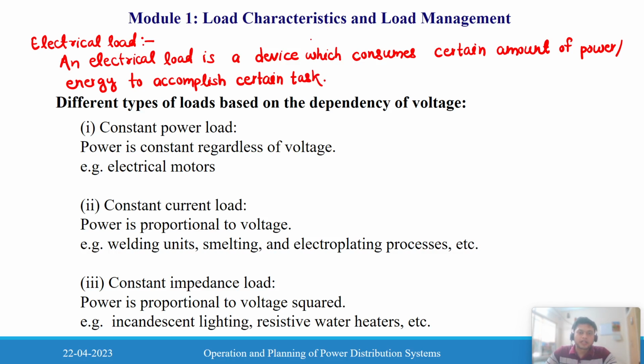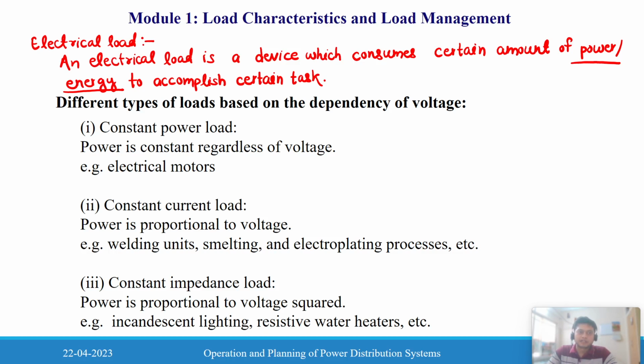So if we are saying that we are increasing or decreasing load, always think in terms of power and energy, whether the consumption of power or energy has increased or decreased.